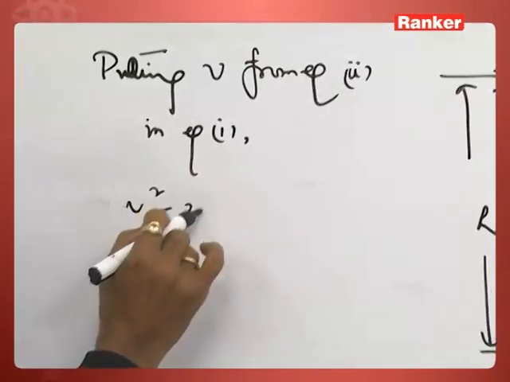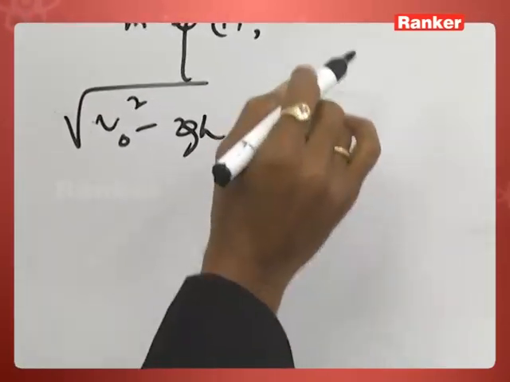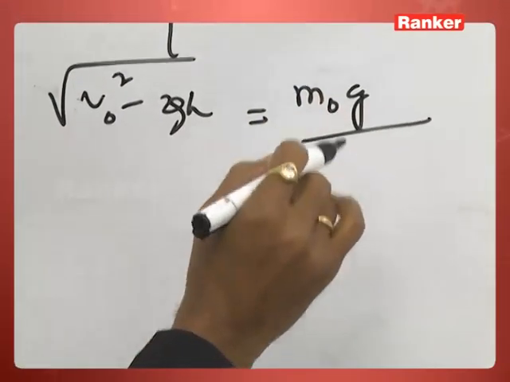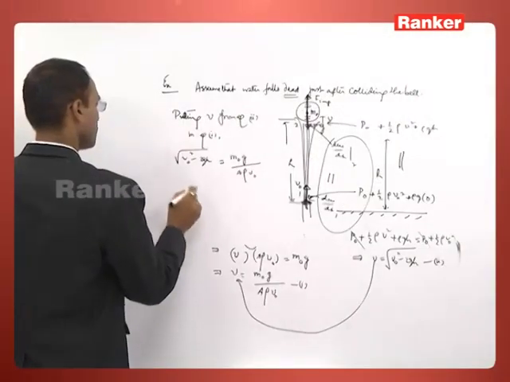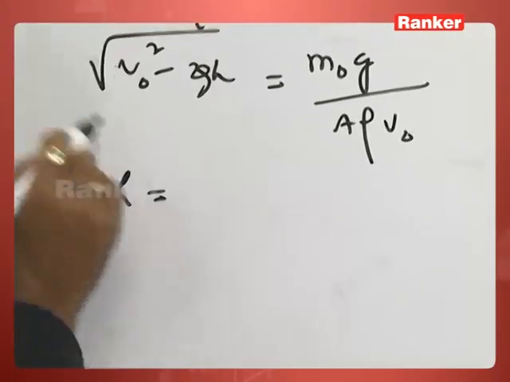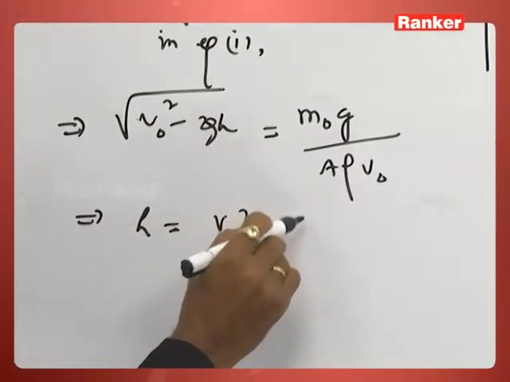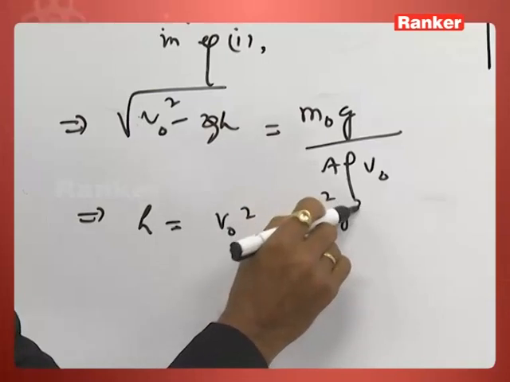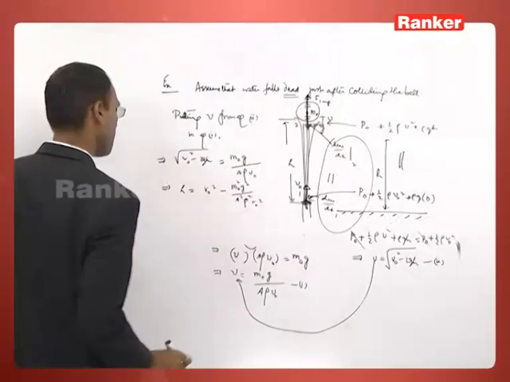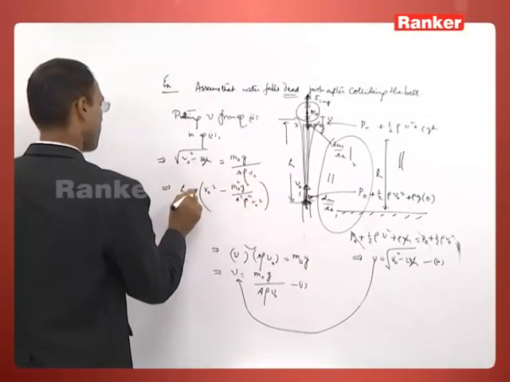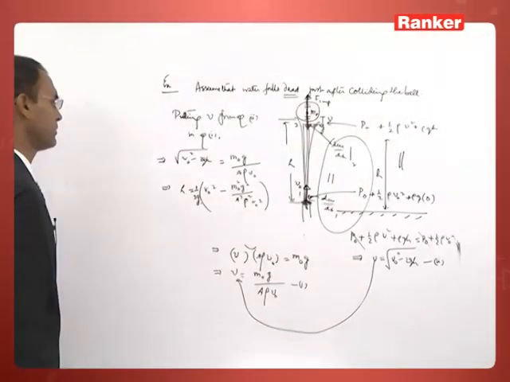The square root of v naught square minus 2gh is equal to m naught g by A rho v naught. So we can write h equal to v naught square minus m naught square g square by A square rho square v naught square, upon 2g.